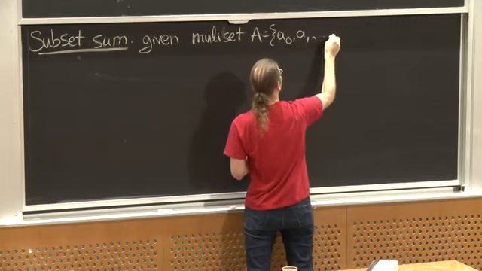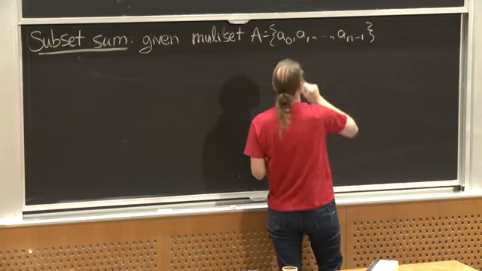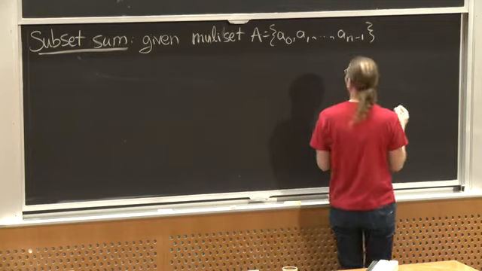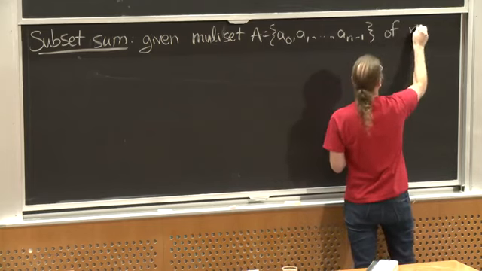Multiset means that I can repeat numbers. So this is just a sequence of numbers. But I'd like to use set notation because I want to use subsets, because it's subset sum. So this is of n integers.